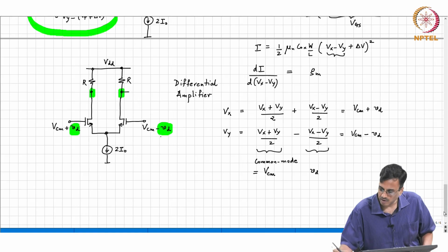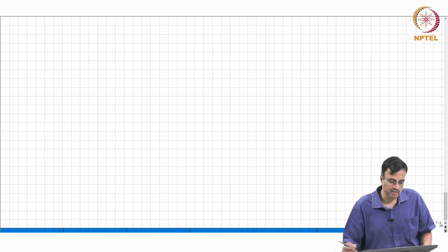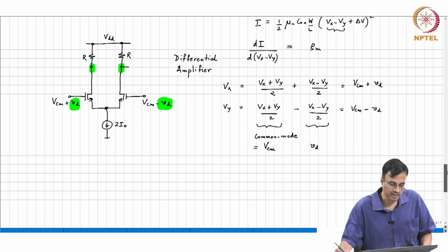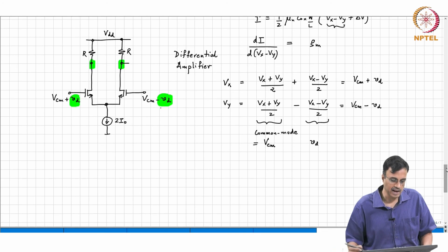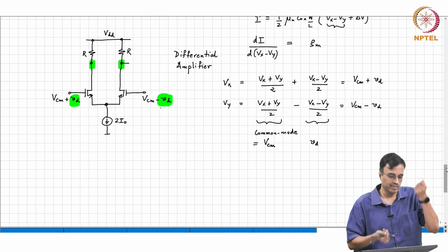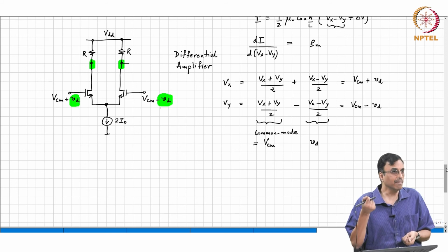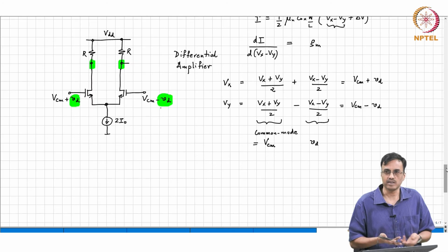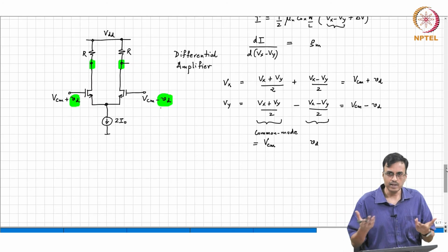So, if you think about it as a circuit analysis problem, VD is a small signal. On one side it is VCM plus VD, other side it is VCM minus VD. To find the response to VD, what do we do? VD is a small signal, here is a nonlinear circuit, what will we do? What are we trying to do?